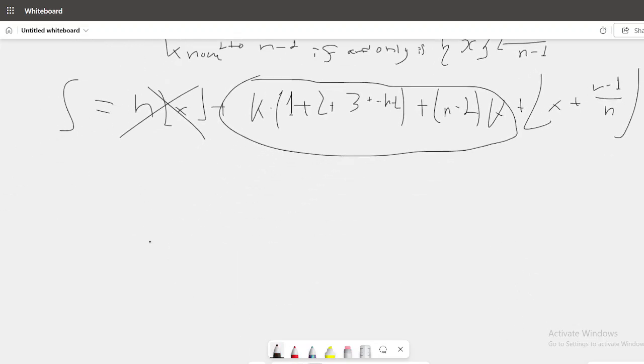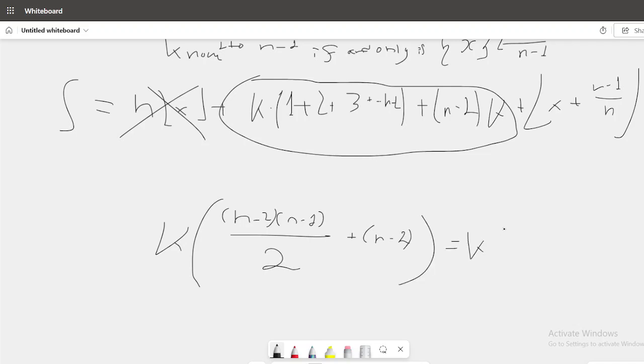So we have k times n minus 2 times n minus 1 over 2 plus n minus 2, which is equal to k times n minus 2 times n plus 1 over 2, because you have like plus 2 times n.